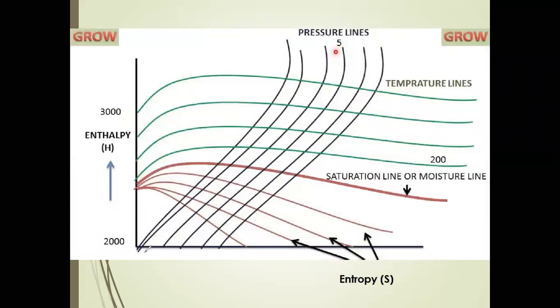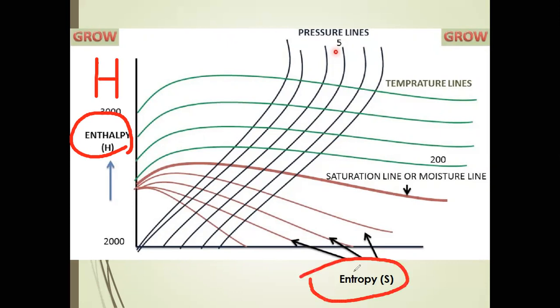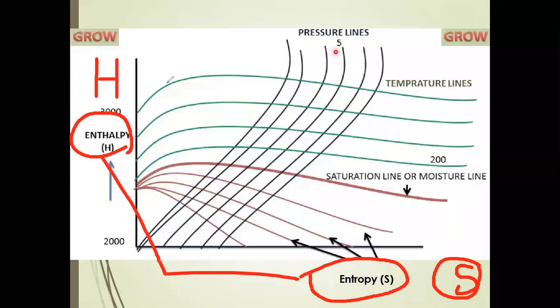As I said, this is the enthalpy entropy chart, because the y-axis is enthalpy, which we represent as H, and the x-axis is entropy, which we represent as capital S. So according to their units we can call it the HS chart.